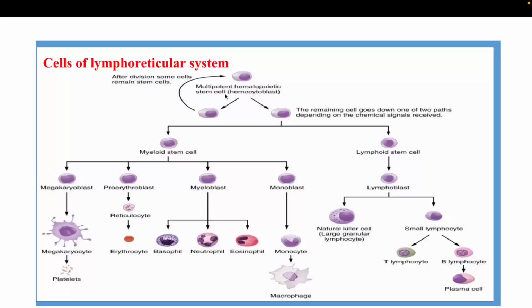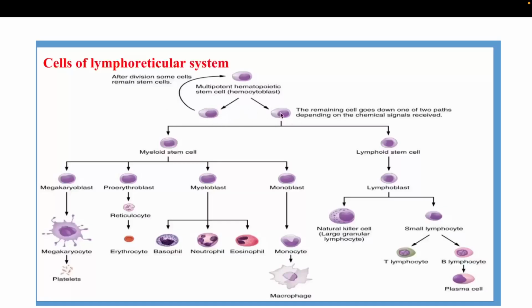Stem cells have the regeneration capacity, and they can be converted into any type of cell based on the signal they get. It has the potential to produce many types of lymphocytes or blood cells. Firstly it will divide into progenitor cells.